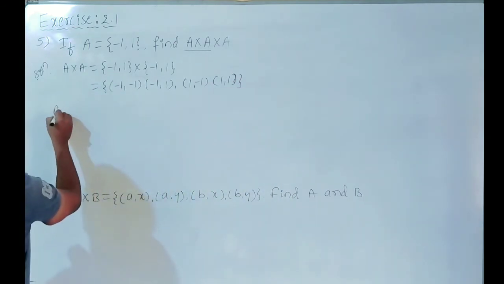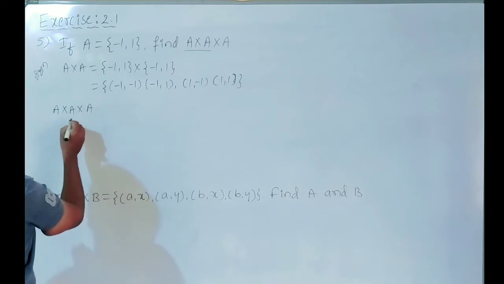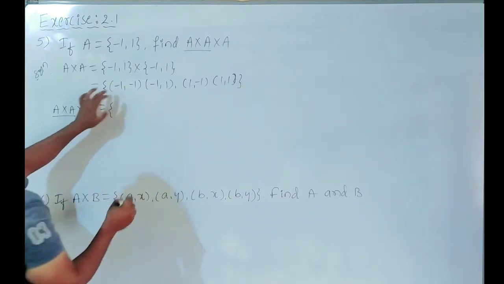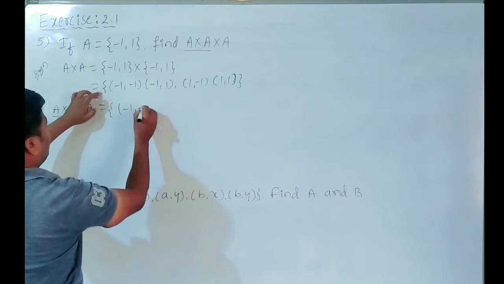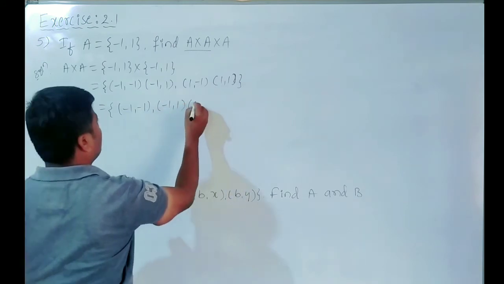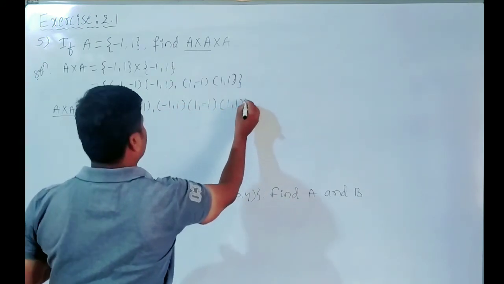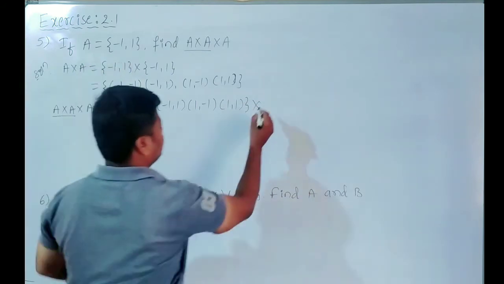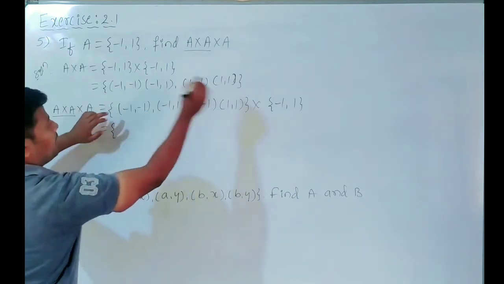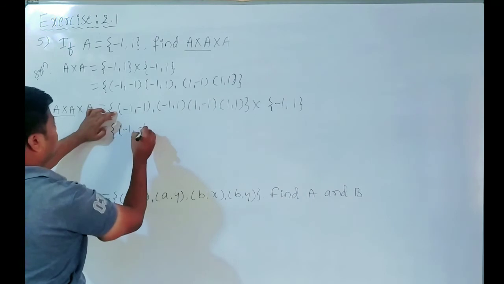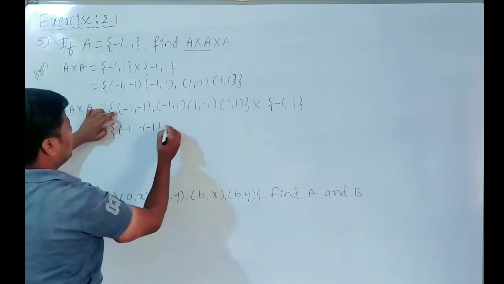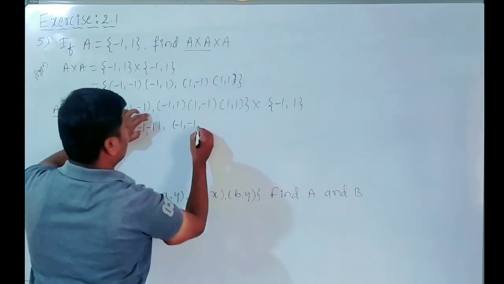Next, A cross A cross A. Already we have A cross A: (-1, -1), (-1, 1), (1, -1), (1, 1), cross again set A. Fix (-1, -1) and map it with each element of A again: (-1, -1, -1), (-1, -1, 1).